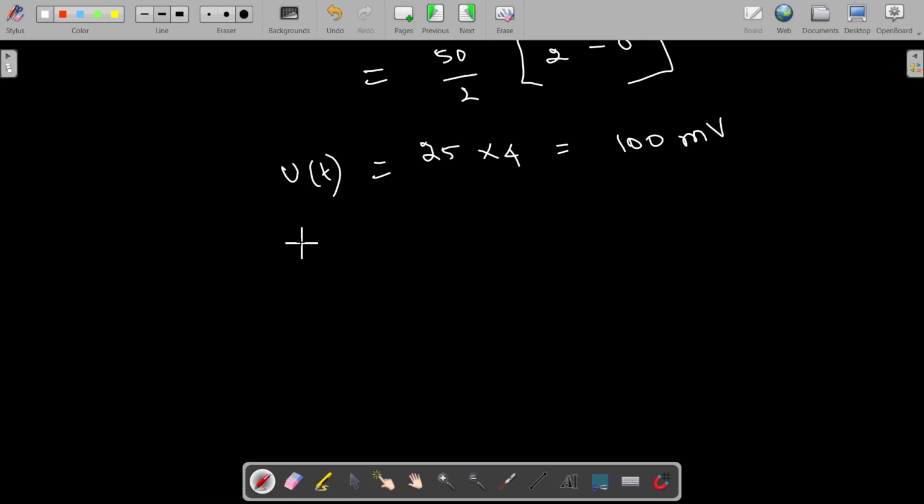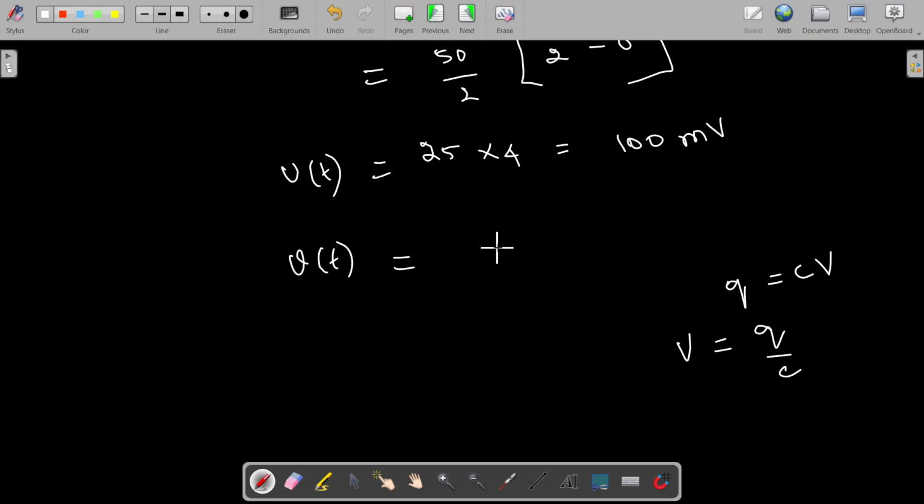But we have written this for v of t, that is voltage. This voltage and this millicoulombs, that means charge, are related with the formula. We know very well that Q is equal to CV, so V is equal to Q by C. The capacitance is already given here.